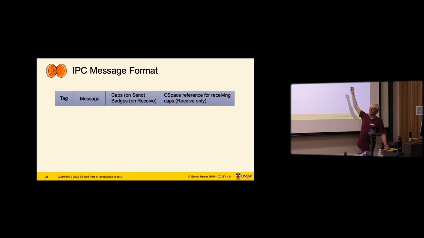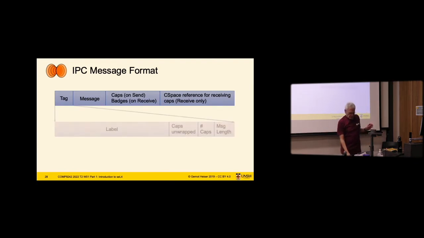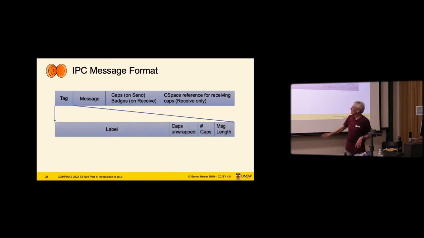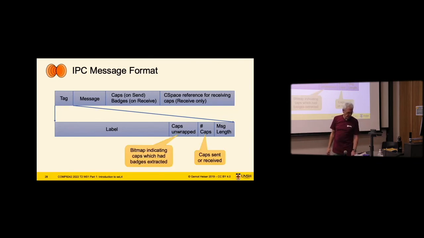The kernel describes a structure in the first word of an IPC message to distinguish whether you send capabilities or data or both, and tells you on the receive whether capabilities have been unwrapped, etc. This is all encoded in the message format, which basically means part of the message format is prescribed by the kernel and the rest is free for the user to use. Again, this is hidden in libraries, so you don't really need to care much about that.